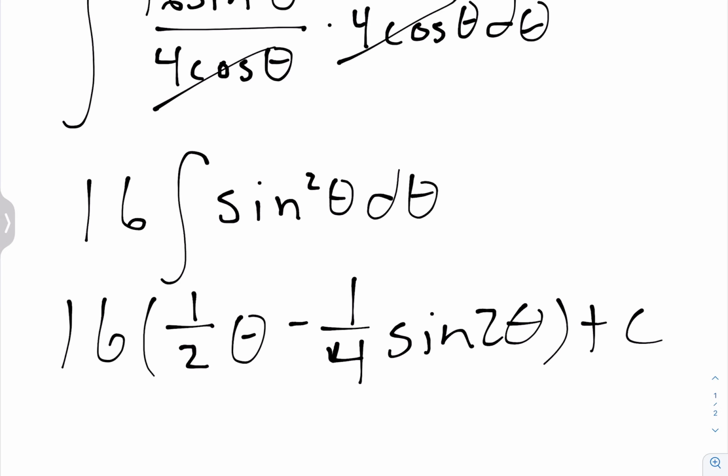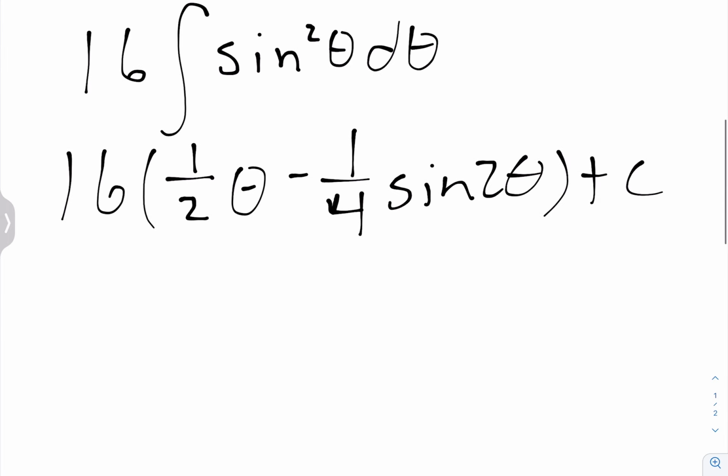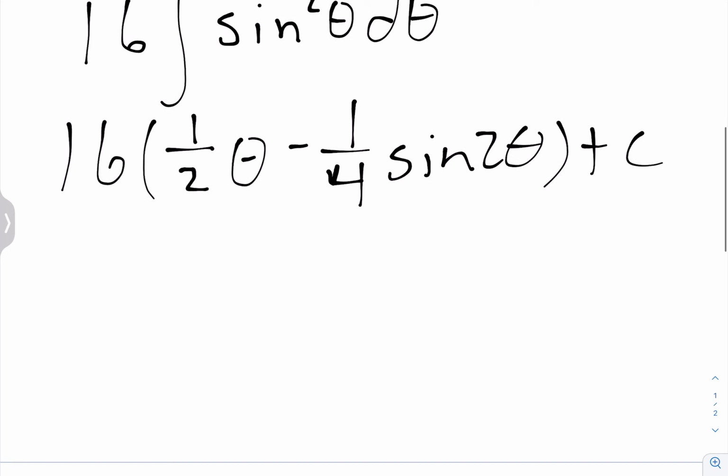Okay, so that's going to be the integral of sine squared theta. Now what we're going to want to do, let's see here. Well, sine 2 theta is going to be 2 sine theta cos theta.